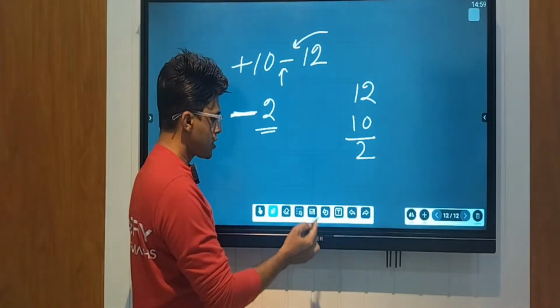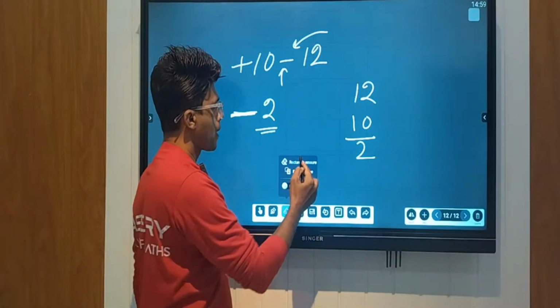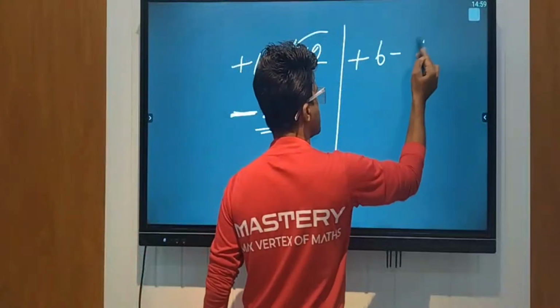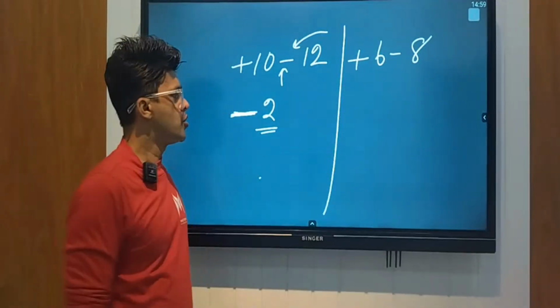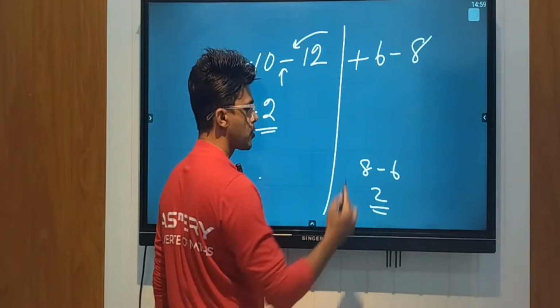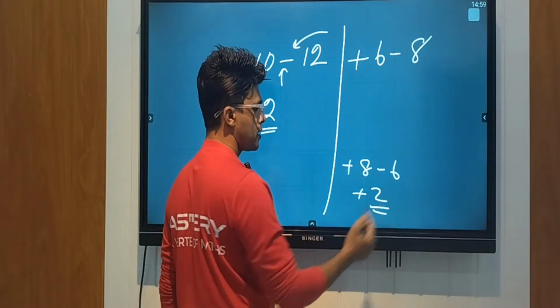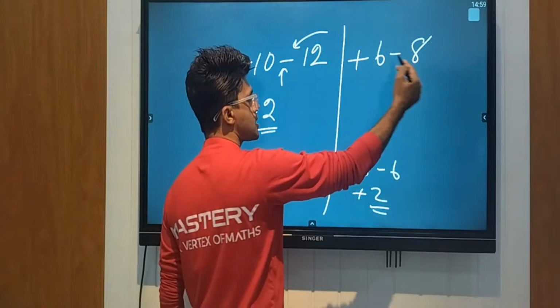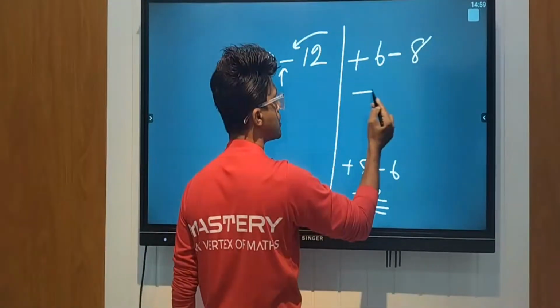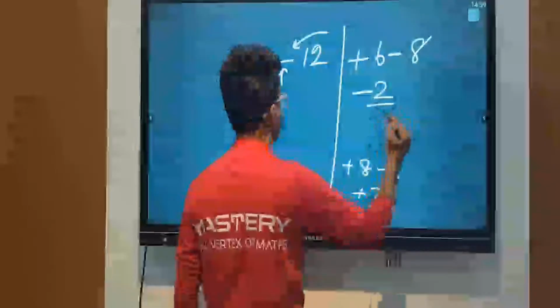Now think of this type of one. How do you calculate this type of question? 8 minus 6 is 2, right? So the greater digit is plus, then 8 minus 6 is 2. Here, plus 6 minus 8: now the greater digit is 8, with a minus sign, and 8 minus 6 is minus 2.